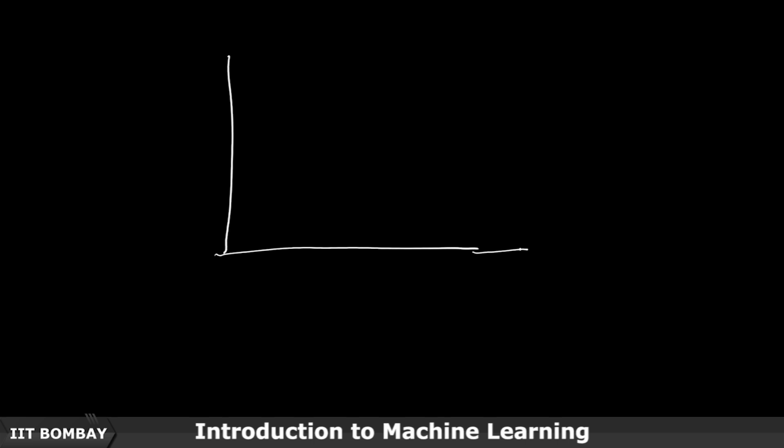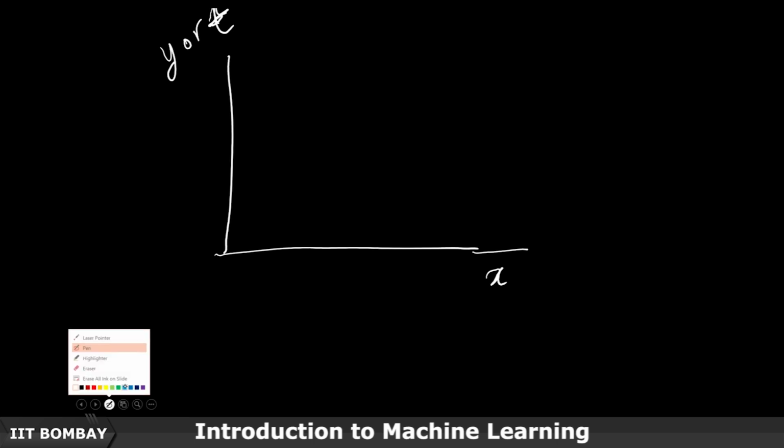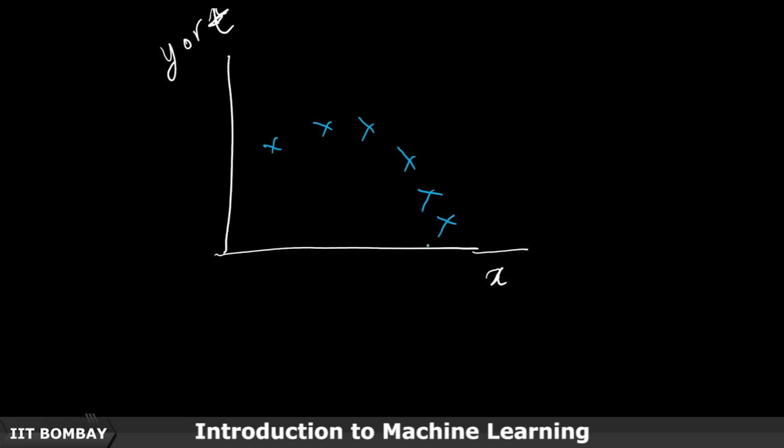So let's take x on the x-axis and y or t on the y-axis, and let's look at two different samples for the same underlying data. You could have a set of points that are like this, and another set of points from the same underlying distribution that are like the red ones. The blue and the red are from the same underlying joint distribution of x and t, but they are two different samples.